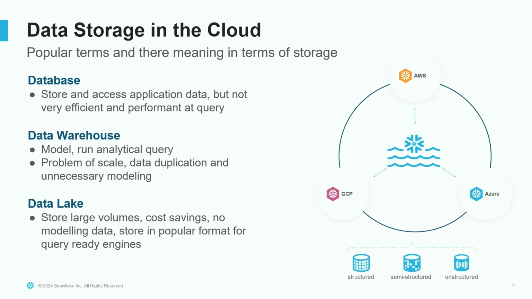So we are all familiar with these terms, at least the terms we are familiar with. Databases provide a good storage mechanism for your transactions, and very fast access to write your data through your applications, but they're not very efficient at running performant queries. If you write a query against a database, for example Postgres, it's going to impact the application sitting on top of it in some way or other.